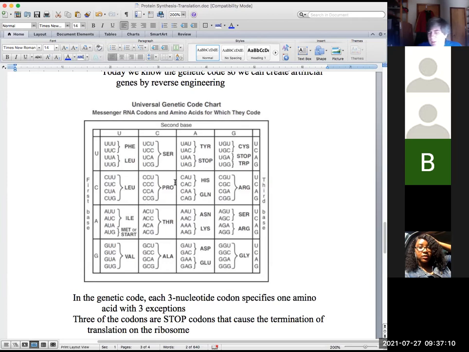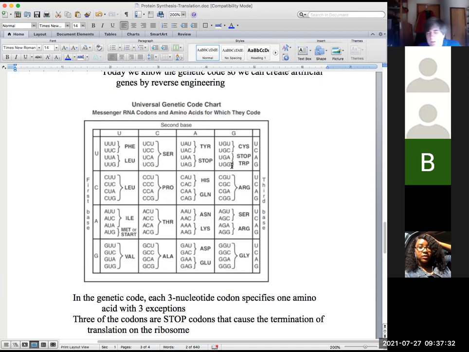So there's 20 different amino acids here. Some of them, like leucine, have 6 different codons. On the other hand, for some of them, like tryptophan, TRP, there's only one codon, UGG.